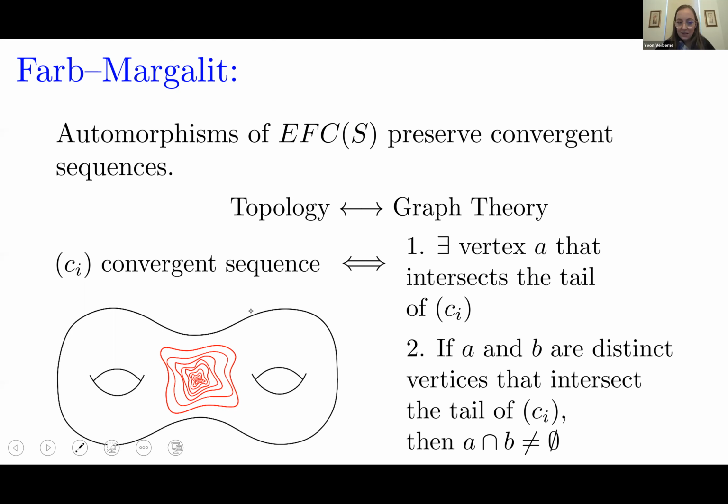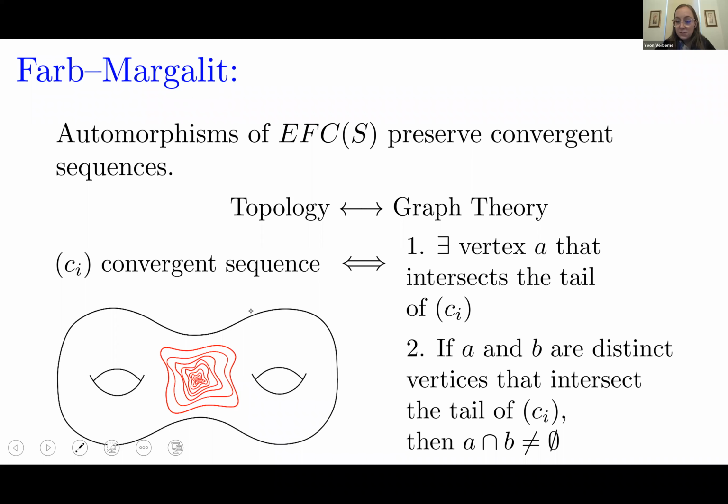So in particular, this means that it must pass through the point X that the convergent sequence is converging towards. The second piece of information is that if A and B are distinct vertices, both of which intersect the tail, then they too must intersect.